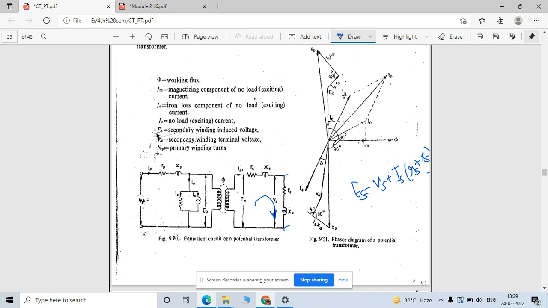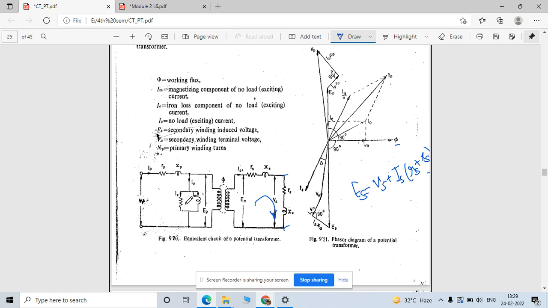Okay, so basically this is the difference: this main flux and this secondary flux is leading by 90 degrees. In the same way, this primary has a magnetizing component, and this is your wattful component.